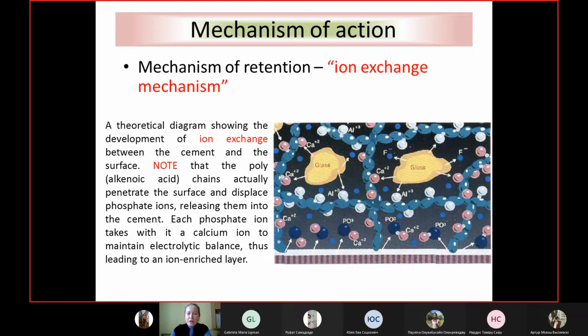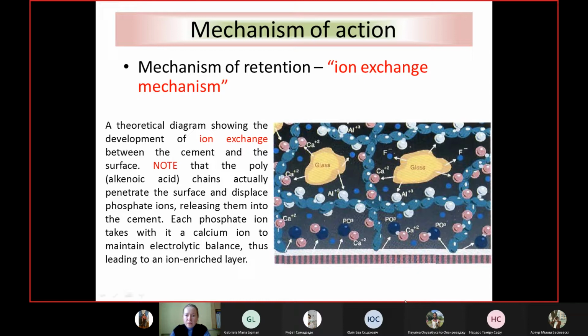So here you have the theoretical diagram that gives you an understanding of how ions penetrate into dentine, incorporating with the dentine, replacing one another, and thus creating specialized tags for keeping the material in place.